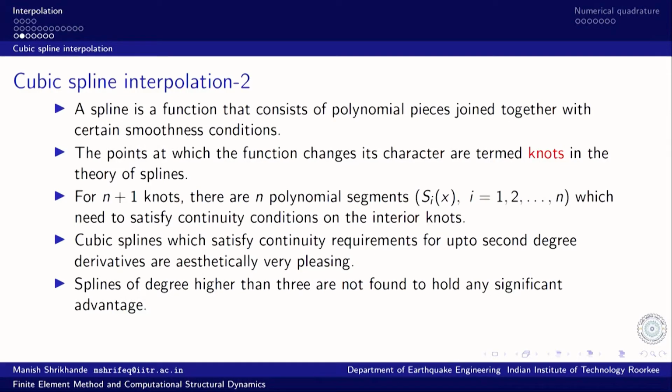So, we can have splines of various degrees, but cubic splines are most often used; they are the most popular spline functions. Cubic splines which satisfy continuity requirements up to the second derivative are aesthetically very pleasing. That explains why they are most popular in function approximation or even graphs.